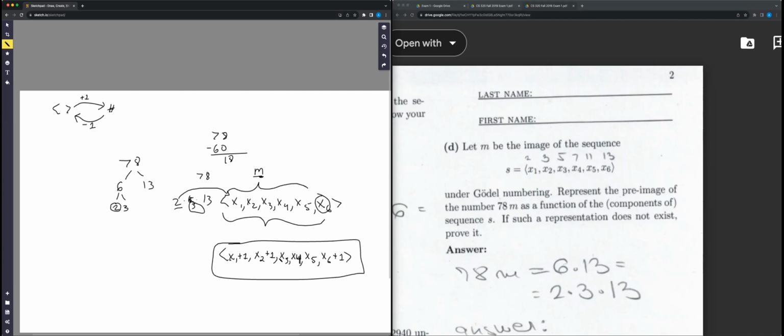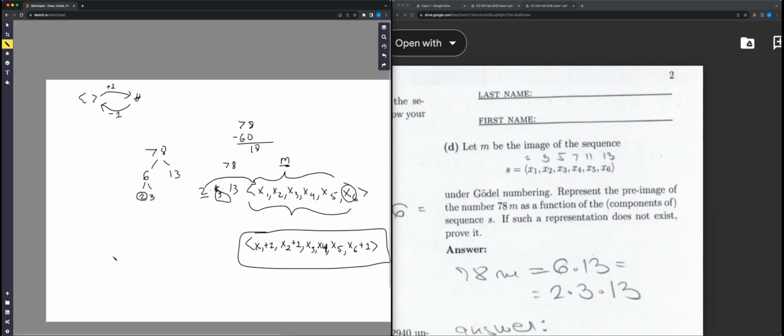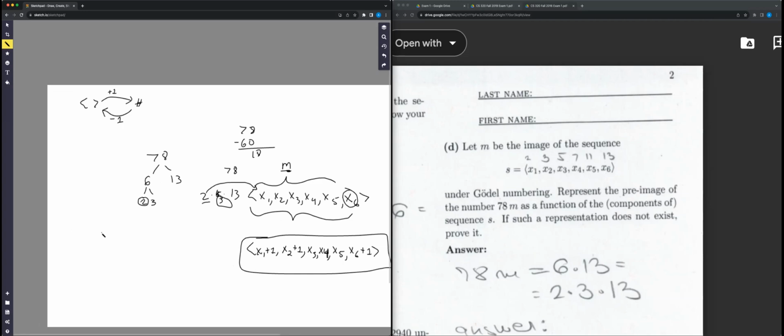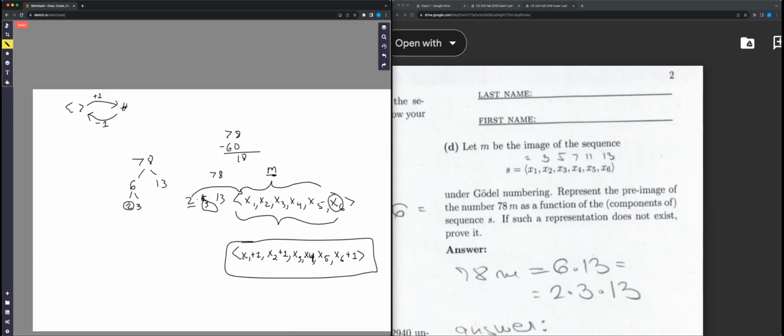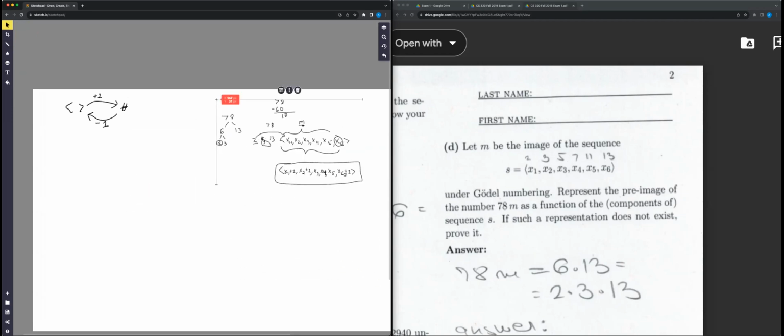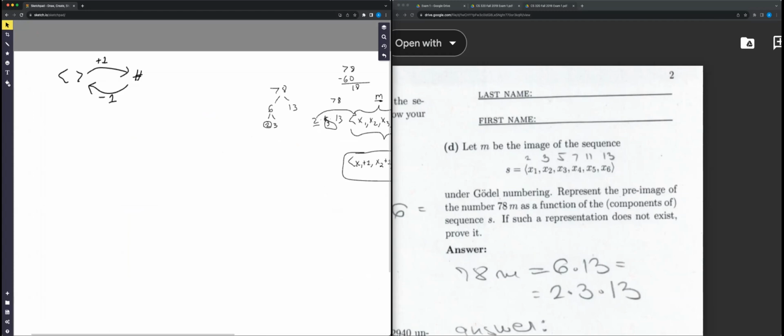Let's use real numbers real quick and then go from there. Let's make a much smaller example to mess with. Say our m was 60.